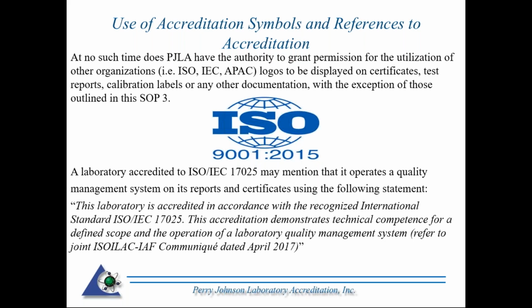You cannot put that on your report, and it's probably also specified by your registrar that you cannot put them on testing and calibration reports. It's not an area that they assess. They assess the quality system. You have a quality system that complies with that standard. It does not go into the technical competencies of 17025 in regards to, say, testing and calibration. So you cannot put that logo on there. And this is specified right in SOP 3.